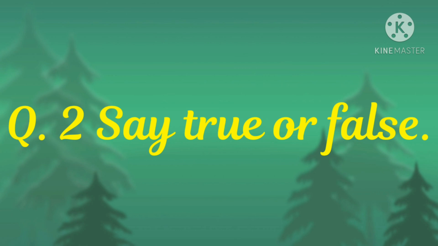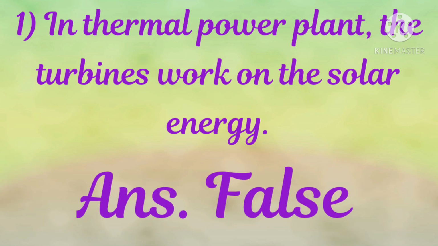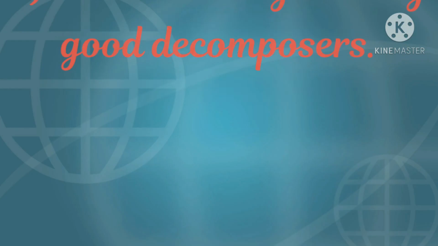Question number 2. Say true or false. Don't write the reason if it is not asked in the question. 1. In a thermal power plant, the turbines work on solar energy. Students, this is a false statement.